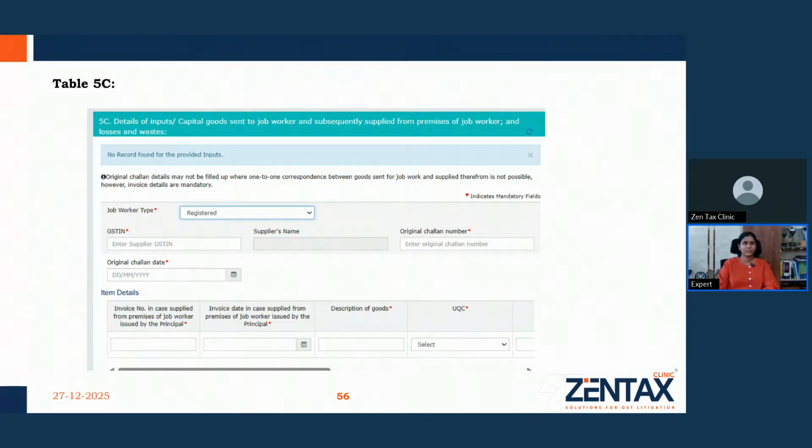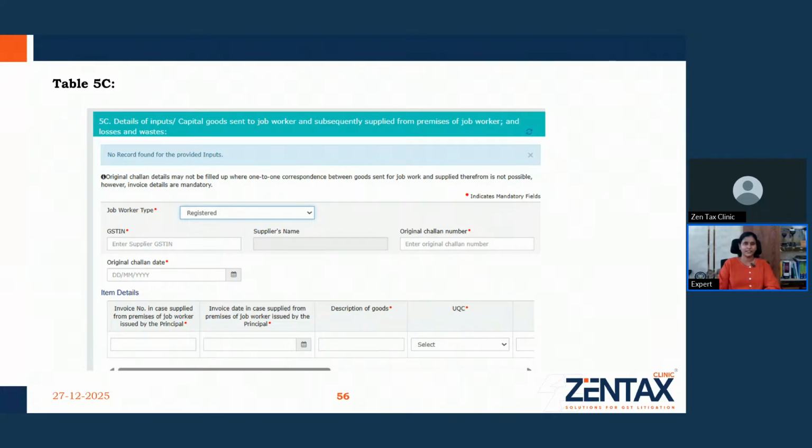In table 5C, we need to mention details of inputs or capital goods sent to a job worker and subsequently supplied from the premises of the job worker. So here also we need to mention whether the person is a registered person or unregistered person, the invoice number, and the invoice date, in which cases the supply from the premises of the job worker is issued by the principal.